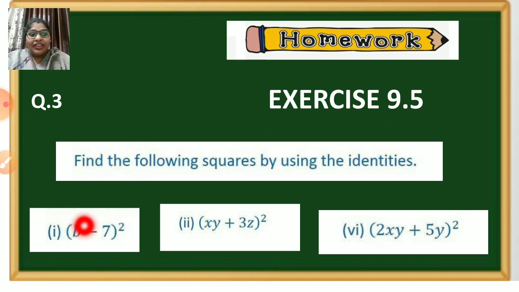So a value will be b and b value will be 7 here. Similarly, in the next one, it is xy plus 3z whole square, which is in the form of a plus b whole square. You will use the identity a plus b whole square. In the sixth one also, you will use the identity a plus b whole square. So this will be a practice for you. Solve these three sums, very, very important from question number 3.